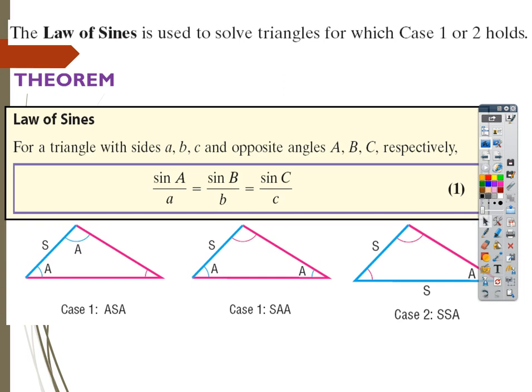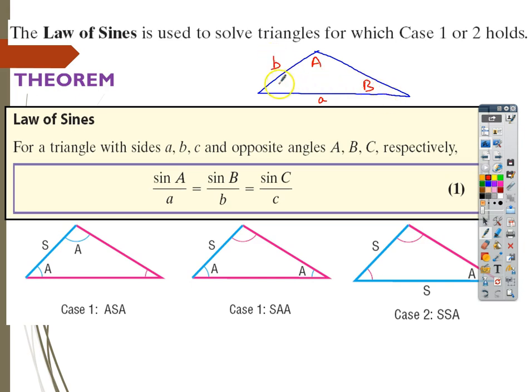What does that mean? It means if I have a triangle like this, oblique, none of the angles are right angles, and I come over here and I say, this is angle A, this is little a. It's directly across from it. If this is angle B, guess where side b is going to be? Side b is over here.